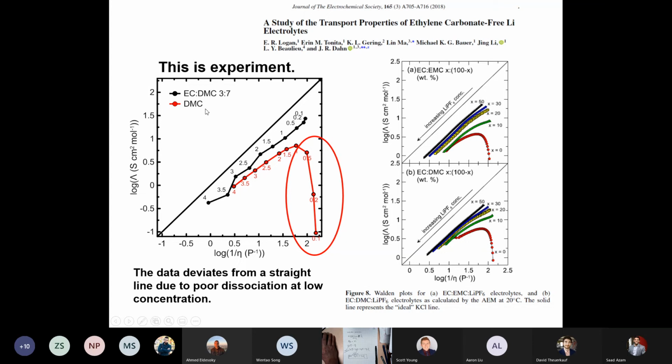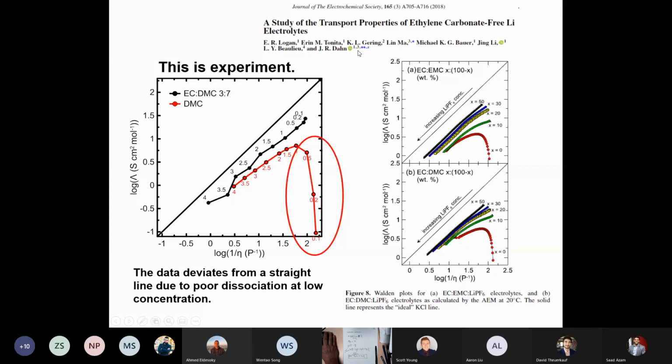But for LiPF6 and DMC, at the low salt concentrations, the molar conductivity becomes incredibly tiny, much smaller than you expect based on the viscosity. And this is because of poor dissociation at low concentration. These Walden plots are really useful in trying to figure out what's happening in your electrolyte.